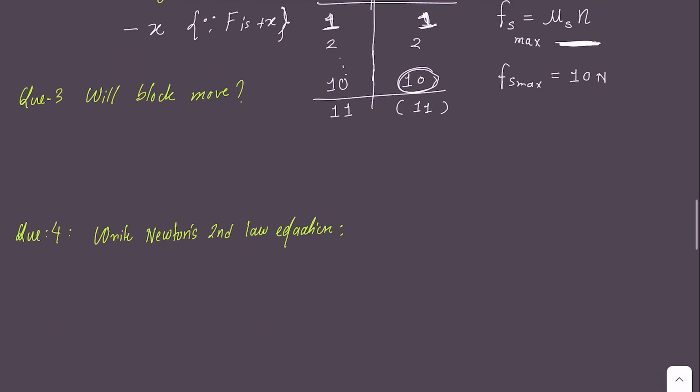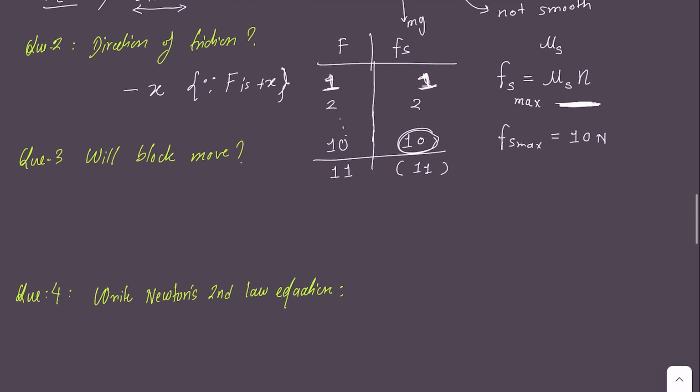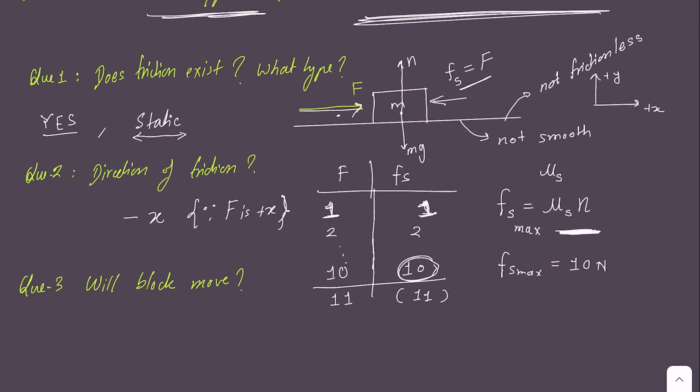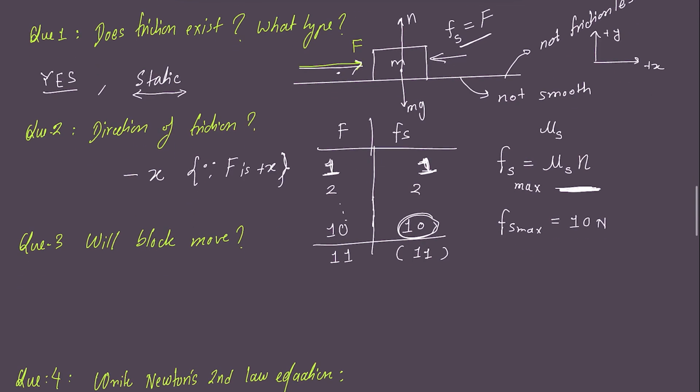Will the block move? Well, let's see. If the force, as we have learned, is smaller than the maximum force, which in this case we have, the frictional force is going to apply the same amount of force that is being externally applied.